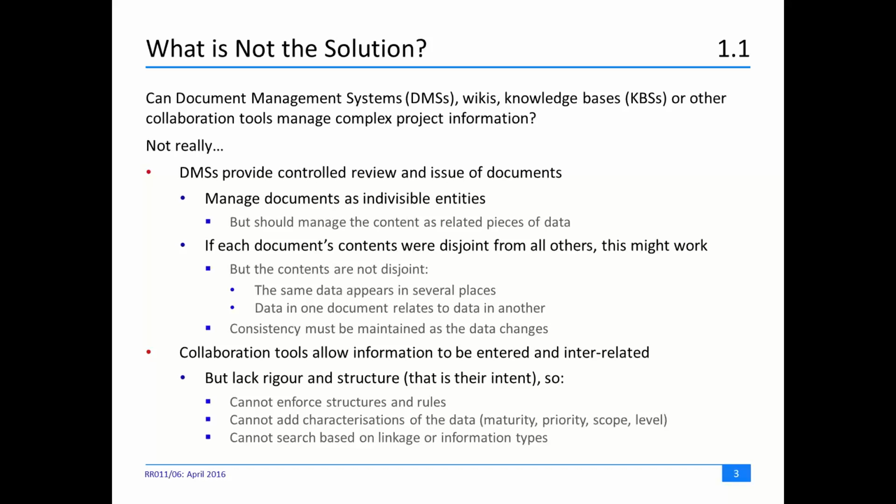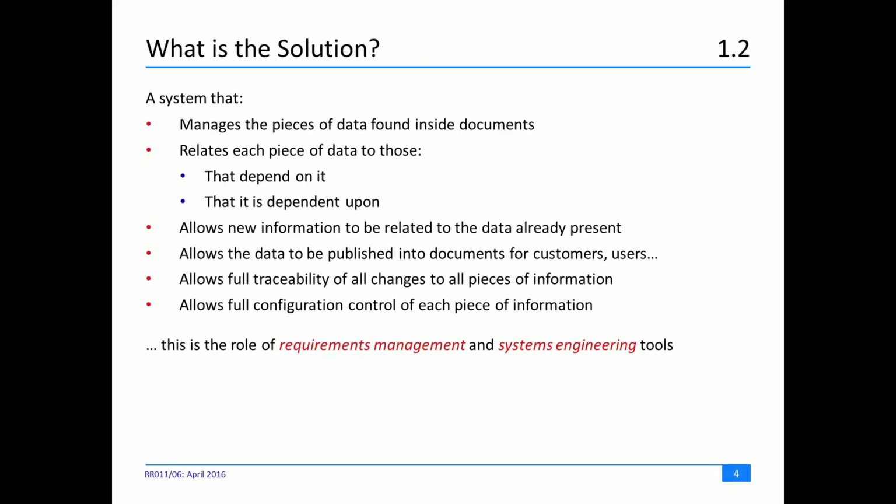It is perhaps a useful improvement over a simple document management system, but unfortunately those collaboration tools lack the rigor and structure to enforce user access rights and roles correctly, to add characterizations of the data, and are fundamentally limited in the way in which they allow information to be queried and searched based on its relationship to other information. So, if a document management system or simple collaboration tools aren't the solution, then what is?